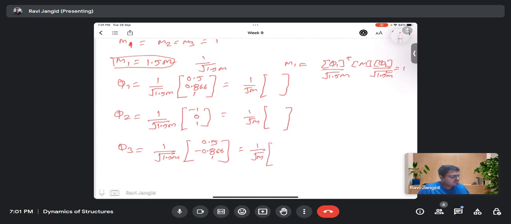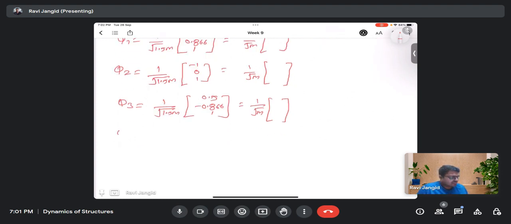Suppose M1, M2, M3 are not equal. Yes, in that case, can you please explain once? Yes. Let us suppose my M1 is 1.5m, M2 is 3m, M3 is 5m.